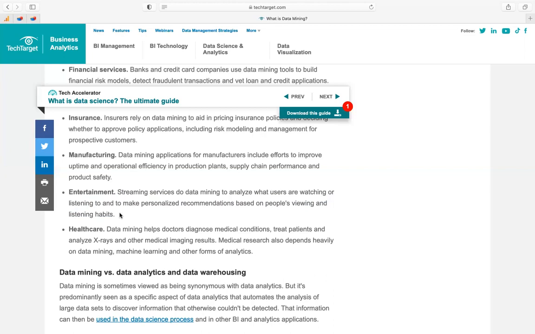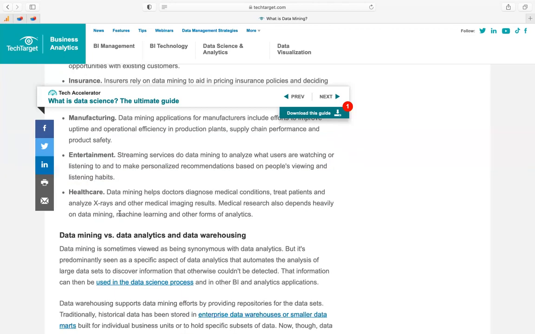The healthcare industry also helps in diagnosing medical conditions and analyzing X-ray and other medical imaging results. Please, any question before our class ends?